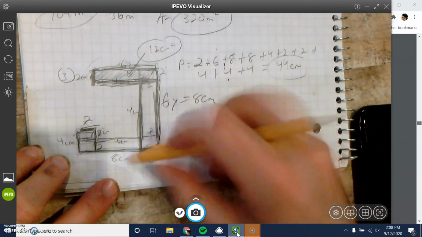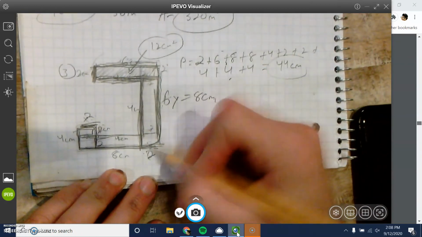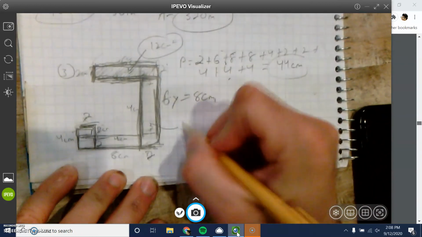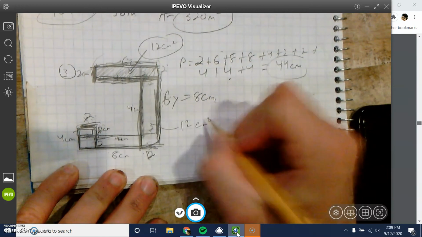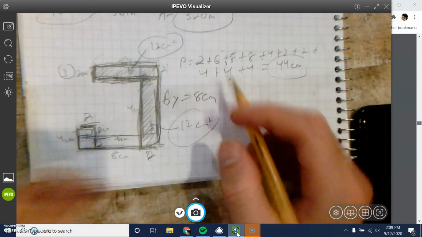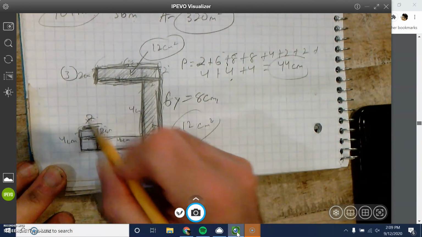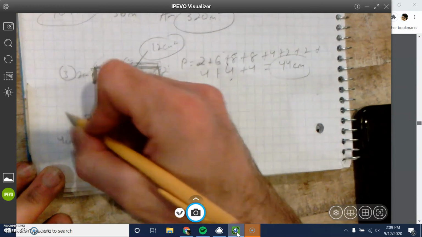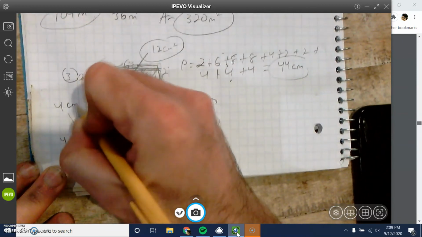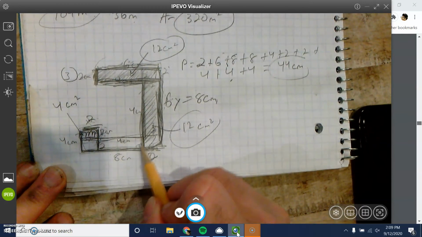So this is also 6 times 2, which is 12 centimeters squared. Shade that part in. That's where I got it. All right, cool. Now, this part's 2 times 2. I have that written right here, 2 times 2, so that's 4 centimeters squared. That's the area there.